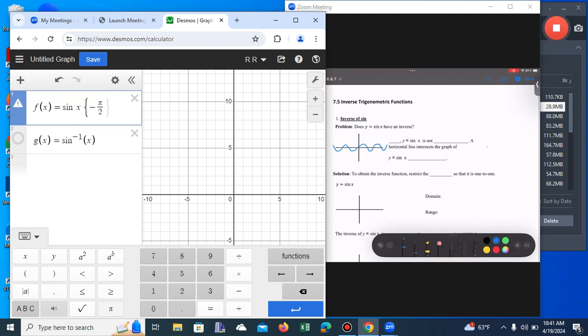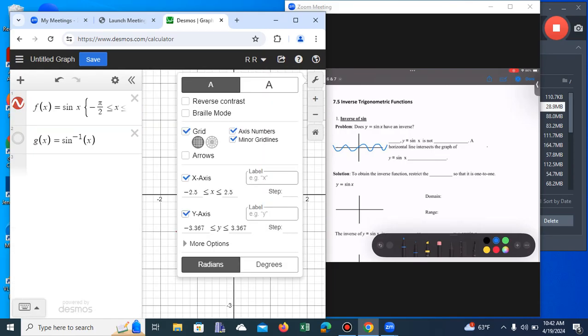over 2 to pi over 2. Now we have something, and I can zoom in on it.